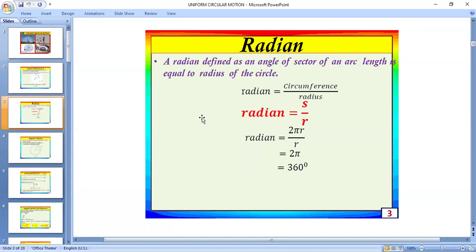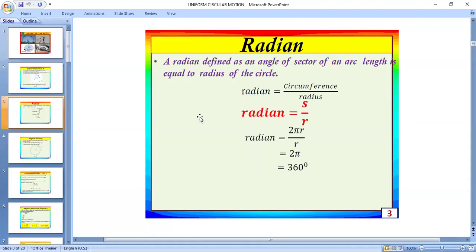Formula number 5. We know from waves that periodic time T equals 1 over f. So when we substitute in equation number 4, we get omega equals 2 pi over 1 over f, which simplifies to 2 pi f. So 2 pi f is another way of expressing angular velocity, which is formula number 5.